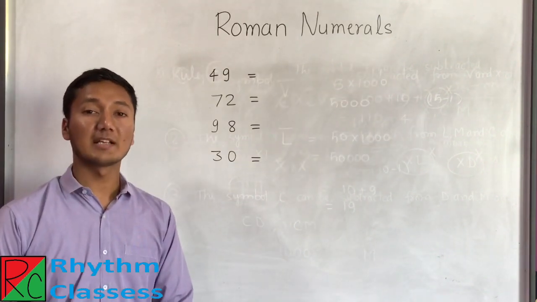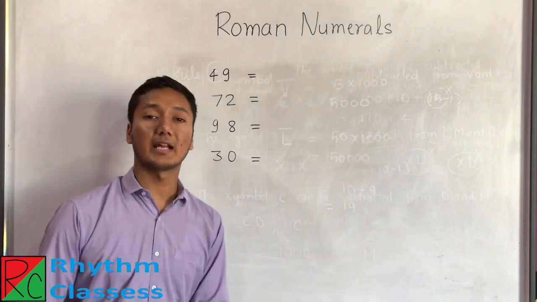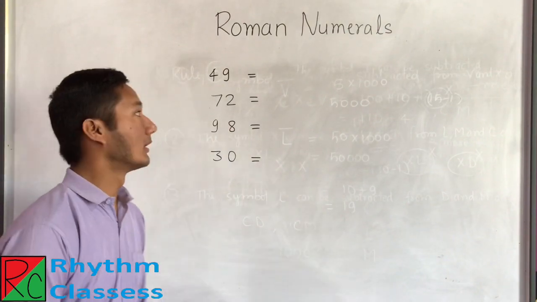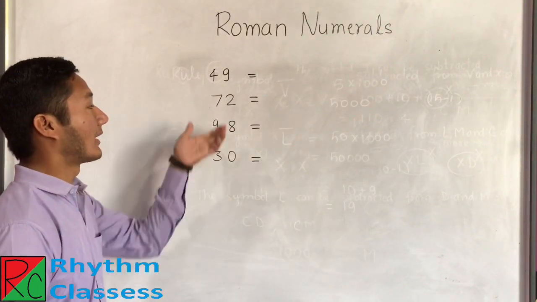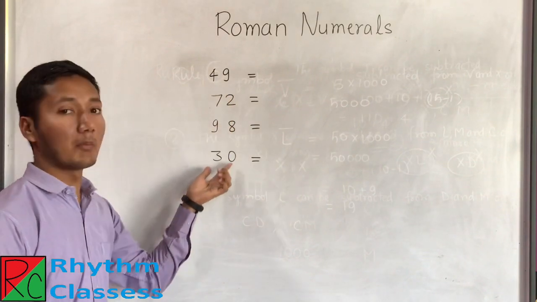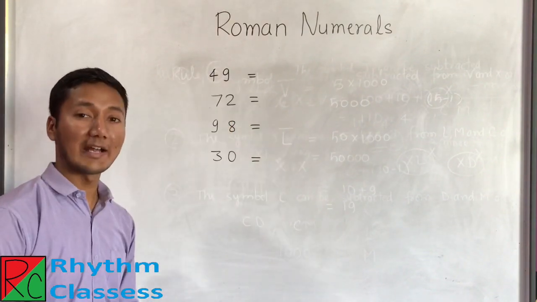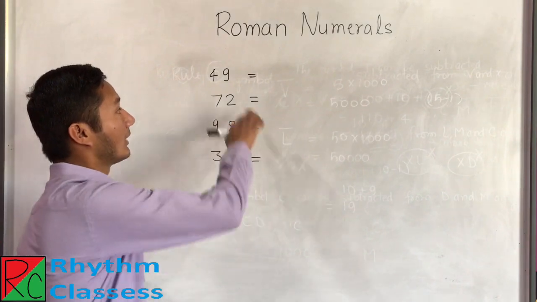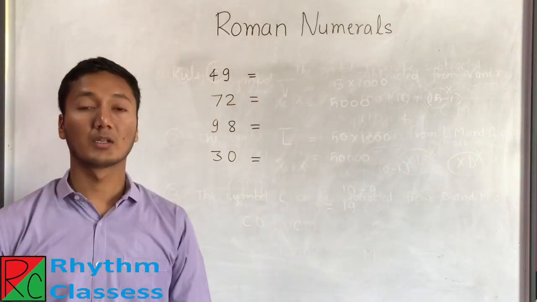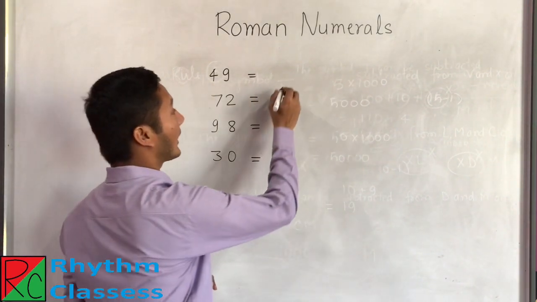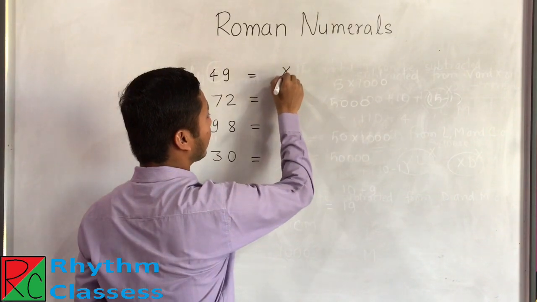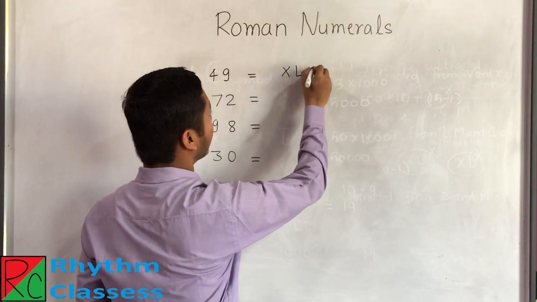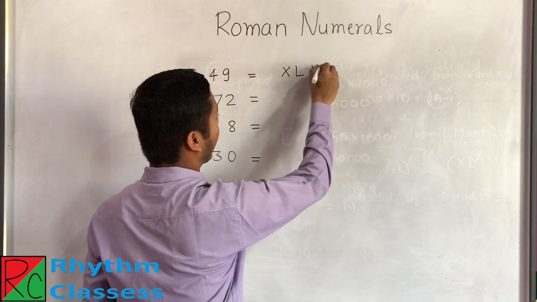Students, now we take some examples for better understanding of Roman numerals. If the question says write down these numbers in Roman numerals, then you can write it simply. If here is 49, for the 49 you can write like XLIX.